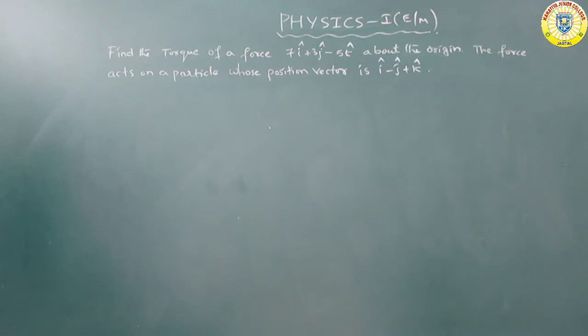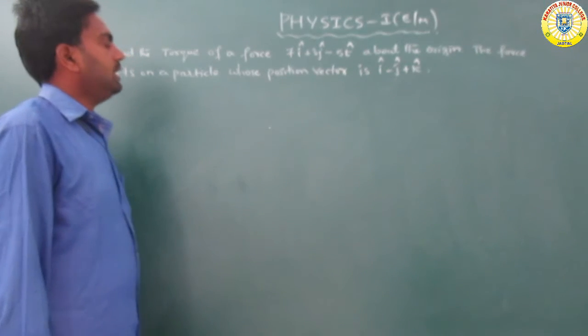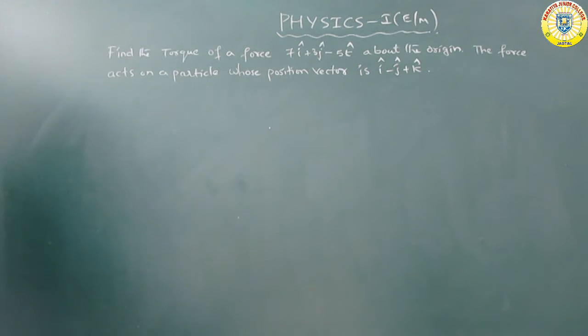Okay, so find the torque of force 7i plus 3j minus 5k about the origin. The force acts on a particle whose position vector is i minus j plus k.